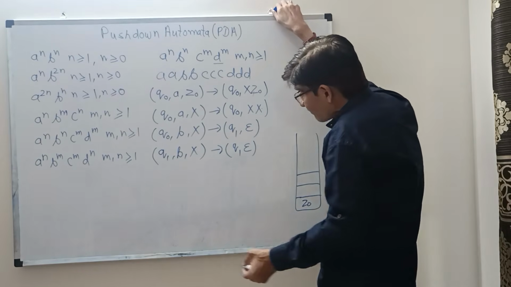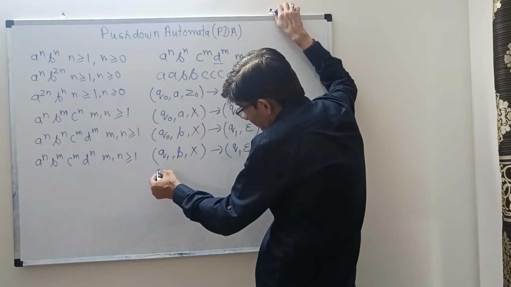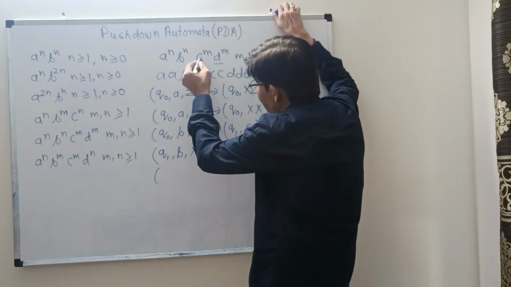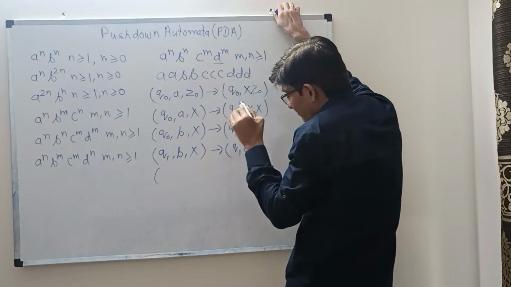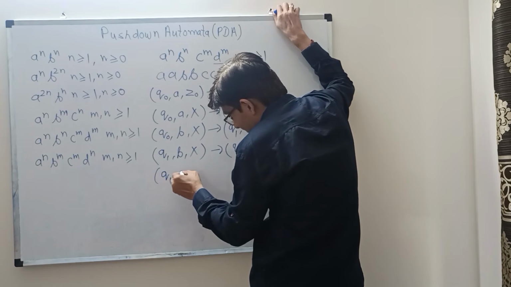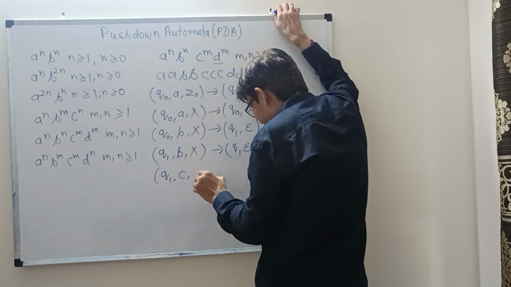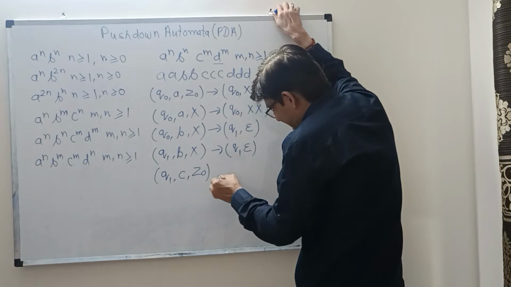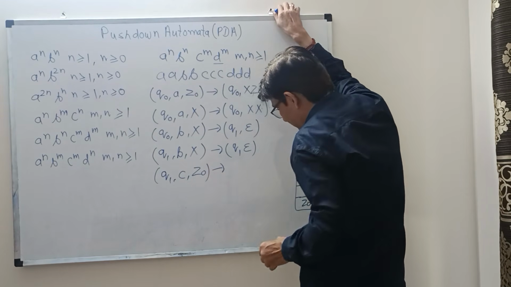Now after reading all these, we will have C. So on Q1 we will be reading first C, and at that time stack top must be Z0 for any valid string.